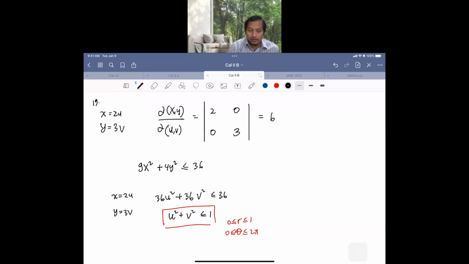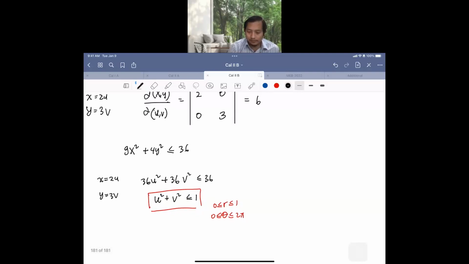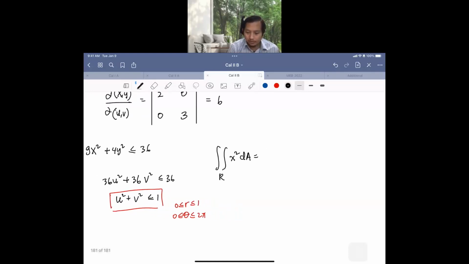Now what we are going to need is to transform the x squared dA. The region becomes u squared plus v squared less than or equal to 1, the circle, and the x squared becomes 4u squared. And don't forget to include the 6 from the Jacobian value. And then let's write the du dv at the end.